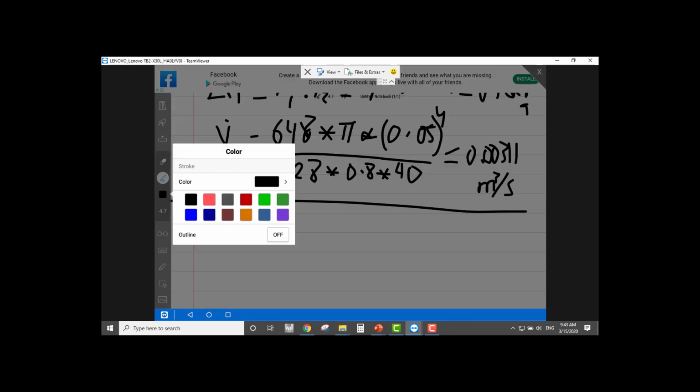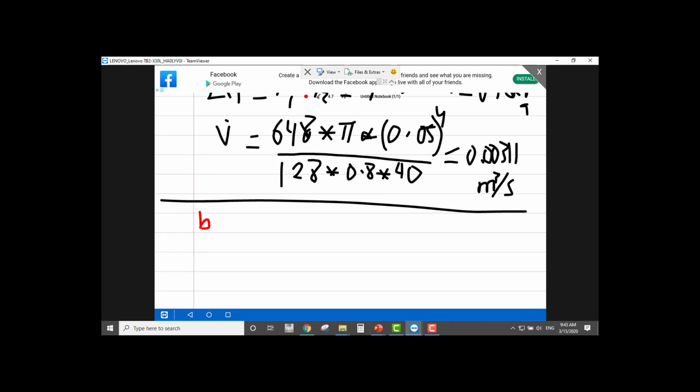Okay, I'll use another color. Part B, theta greater than 0.